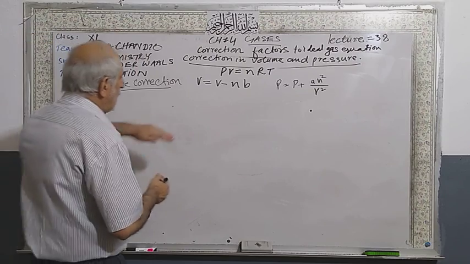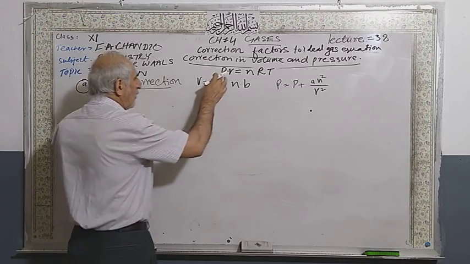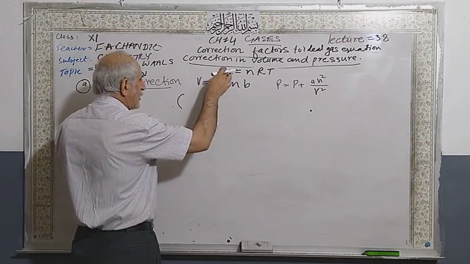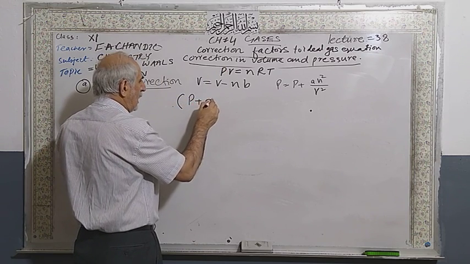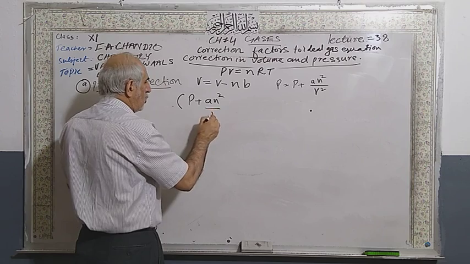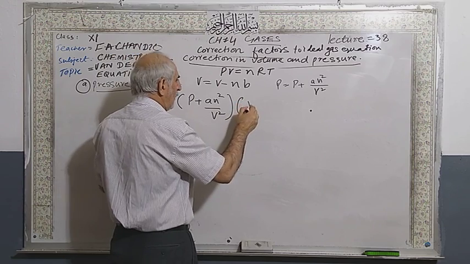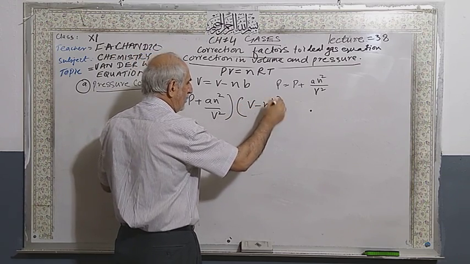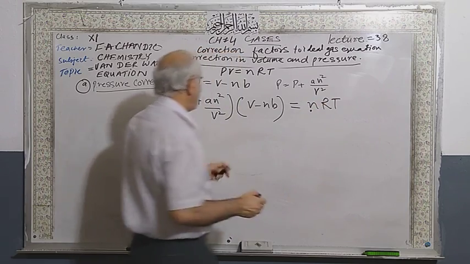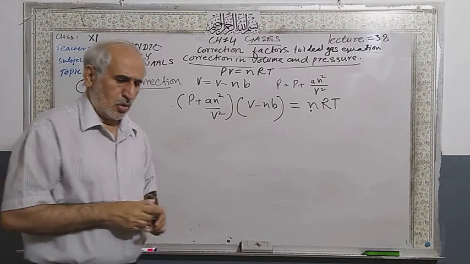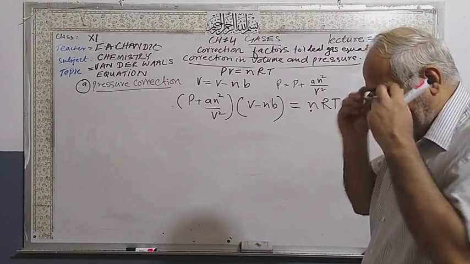If you insert these two equations in the van der Waals equation, instead of P, you have to write P plus an square over V square. For the V, you have V minus nb, and that is equal to nRT. So you have this equation after inserting.